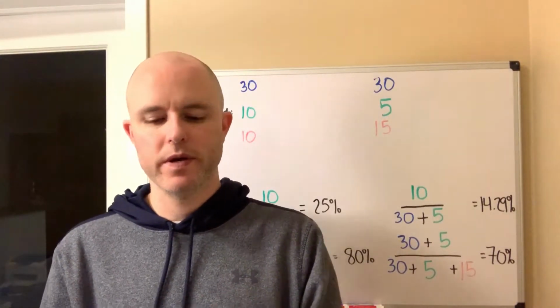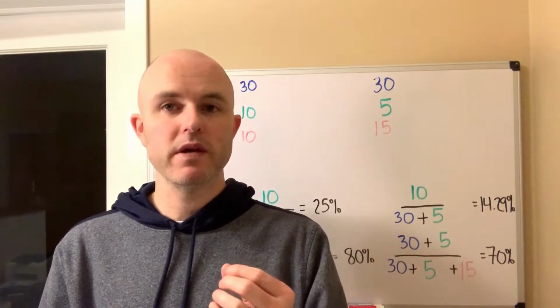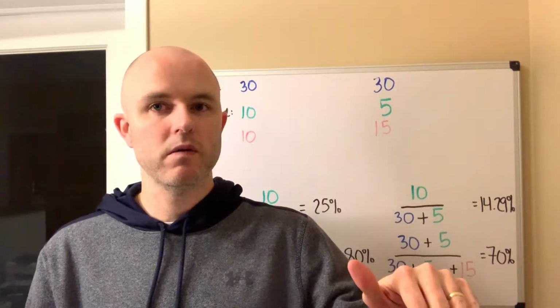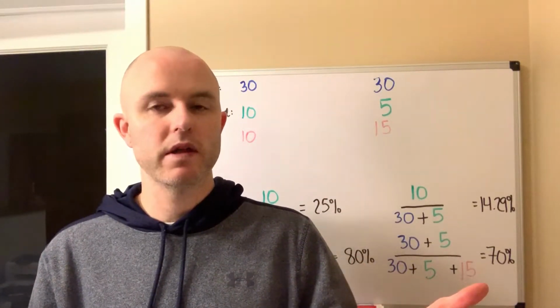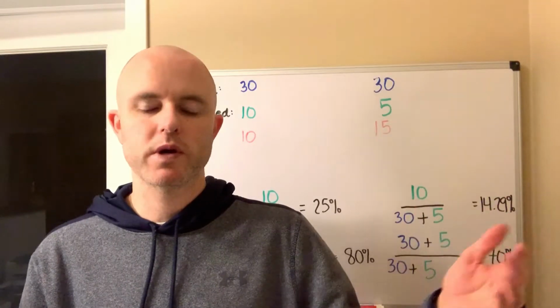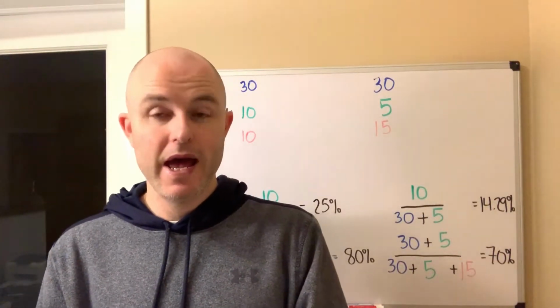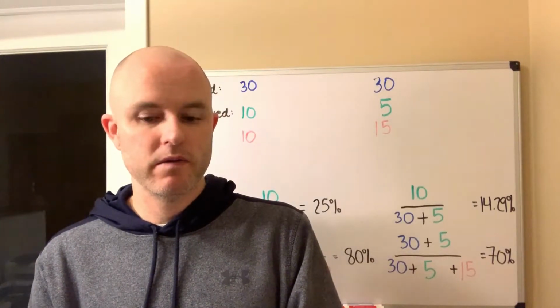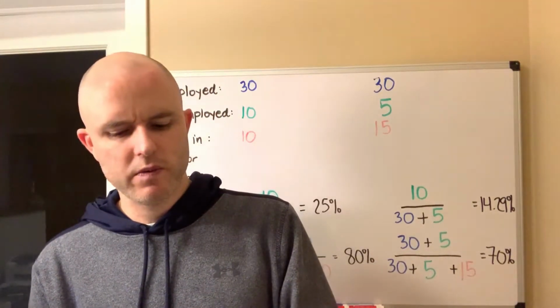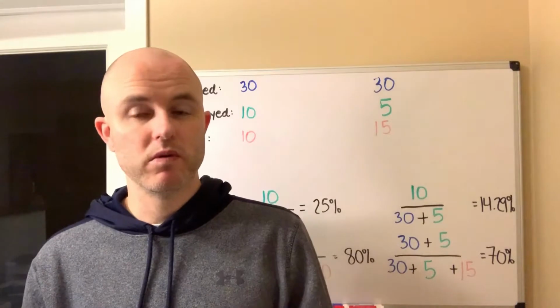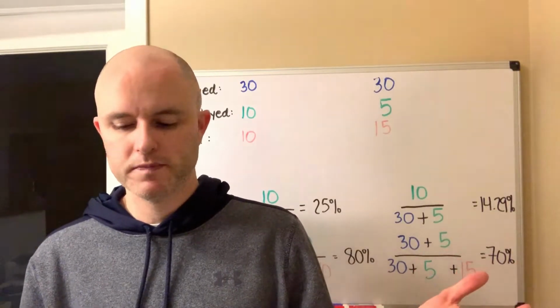So that's strange, right? The unemployment rate has gone down. That's good. That's what you want, right? That should mean more people are working. However, the labor force participation rate has also gone down. Now that's strange because that would mean that fewer people are working than before.